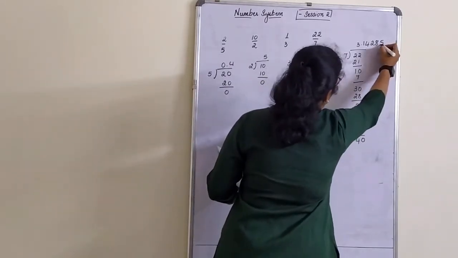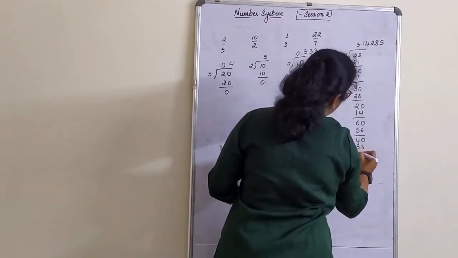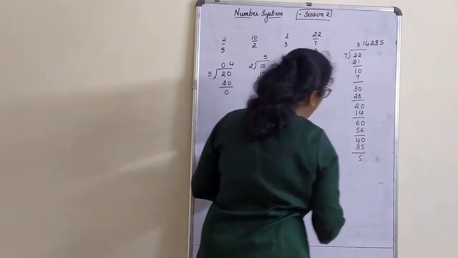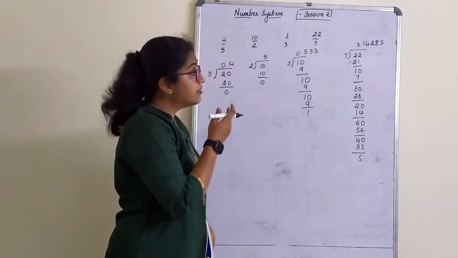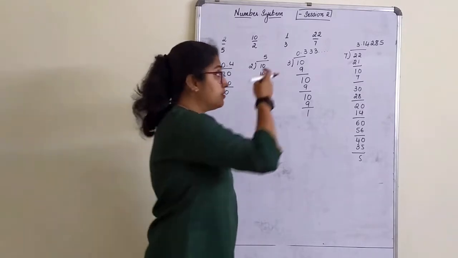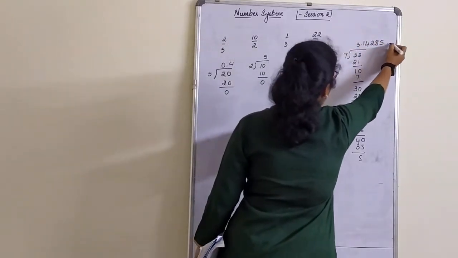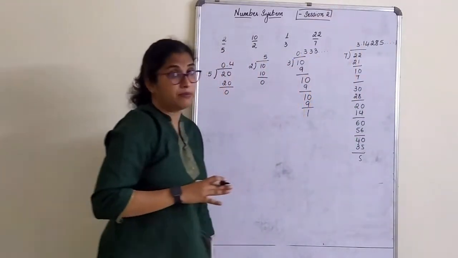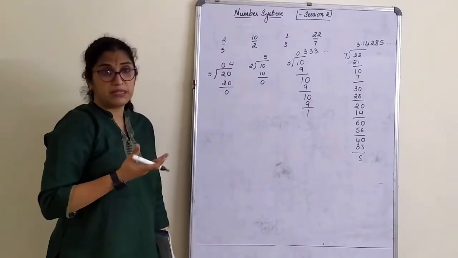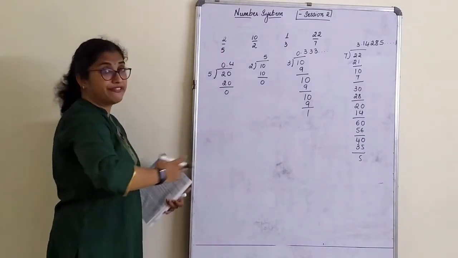Then 7 5s are 35, so remainder 5. I will go on dividing this. The quotient will go on coming, a different set of numbers. Okay, I have just given a few examples, so let us now bifurcate them.